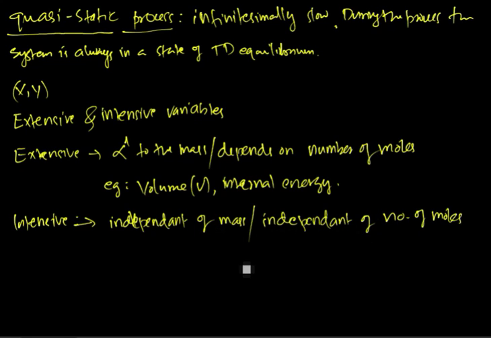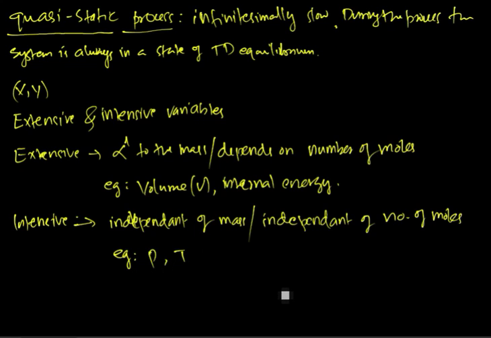So the thermodynamic variables which are independent of the amount of the substance present in the system are called the intensive variables. Examples: pressure, temperature, etc.